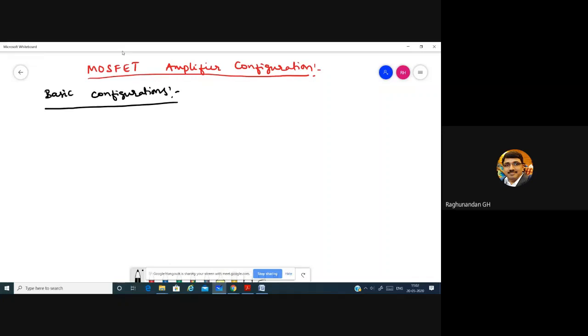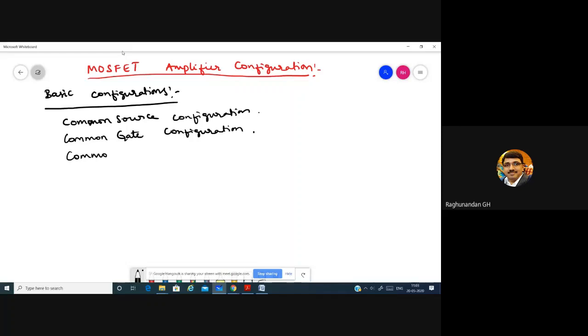Here also we'll have common source configuration, common gate configuration, and common drain configuration.